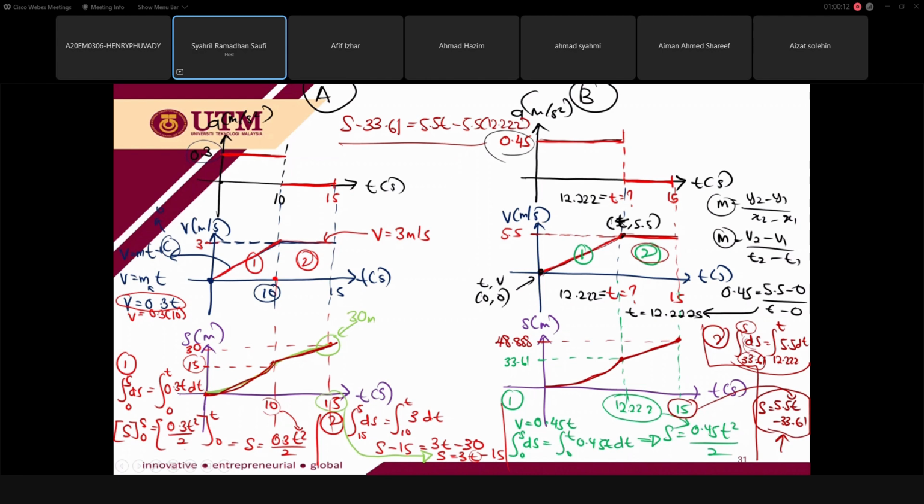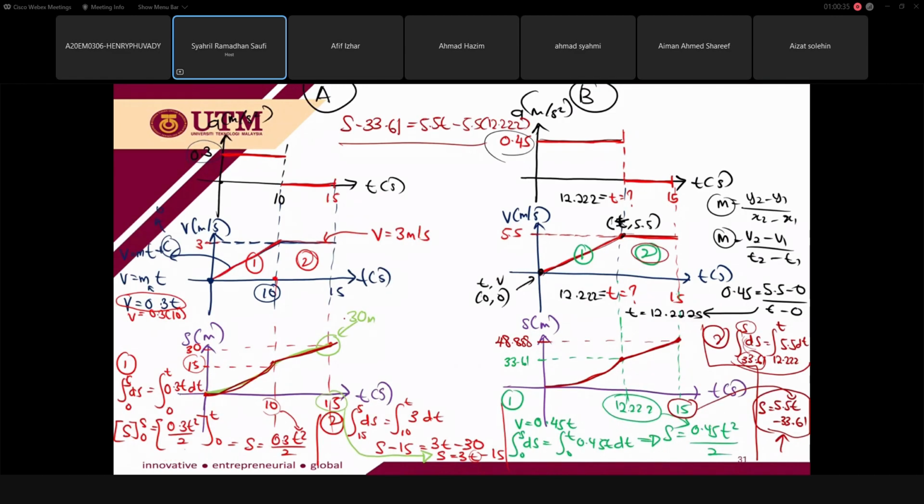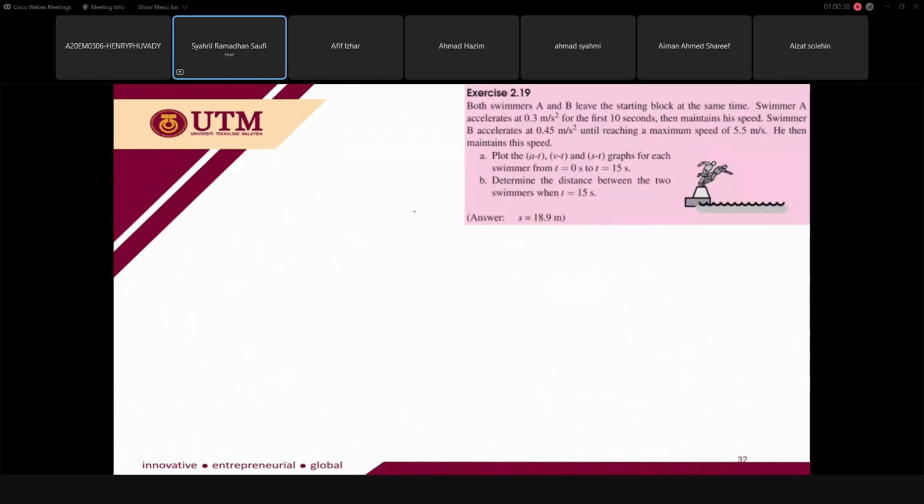Okay, so you solve for question A, where you need to plot A against T graph, V against T graph, and displacement against T graph for T from 0 to 15 seconds. Then the question asks you to determine the distance between the two swimmers when T equal to 15 seconds. At T equal to 15 seconds, swimmer A is 30 meters.